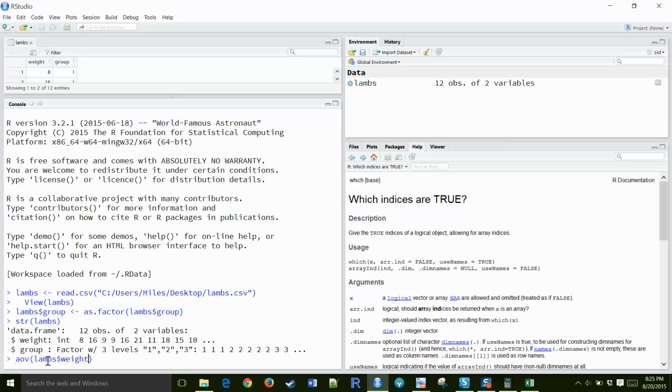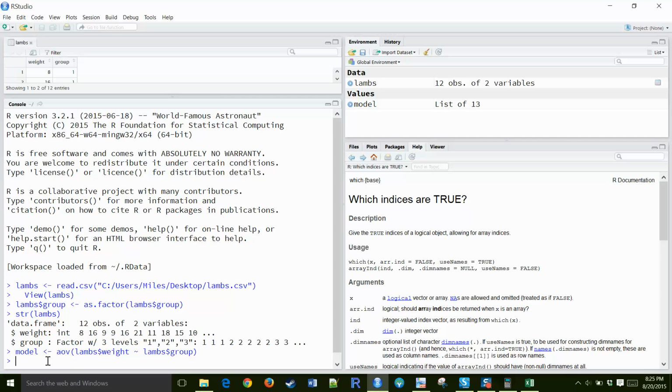We can see this is the exact table that we produced by hand, right? It doesn't bother with the total row. And we see the p-value is 0.49, and there you have it. If you just type in model, it says these are the residuals, and that's what we get.